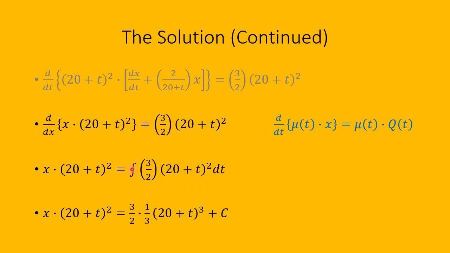So what we basically have here is the integral of 3/2 u squared du. That is an easy integral to evaluate, and then we can back substitute the fact that u was 20 plus t. And so this right-hand side becomes 3/2 times 1/3 (20 plus t) quantity cubed plus an arbitrary constant of integration. The left-hand side remains as it was.